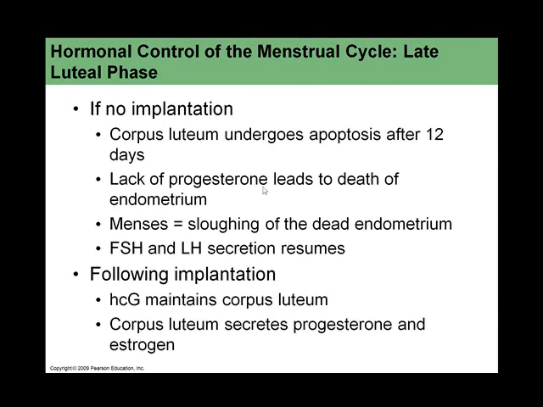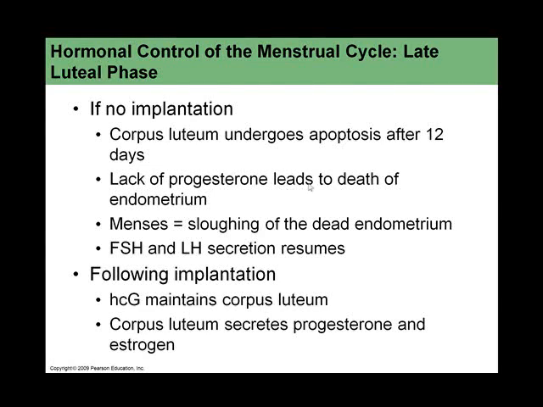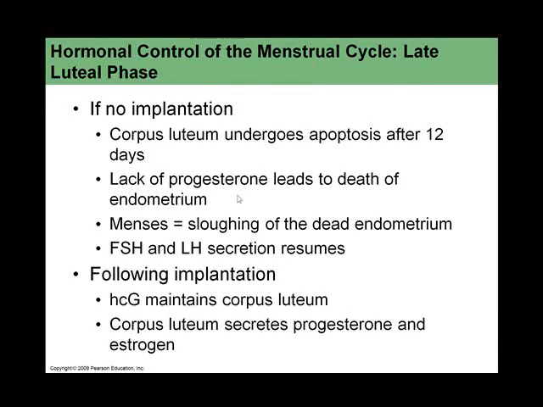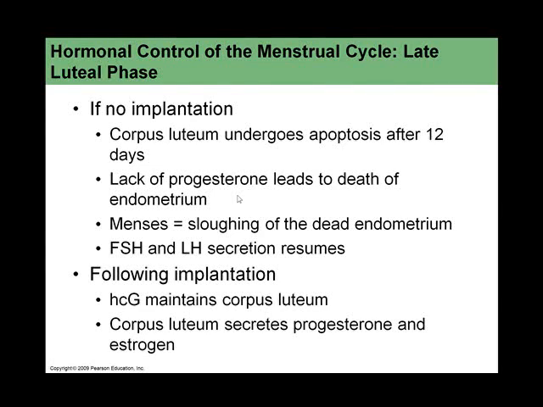So at all times through the menstrual cycle, progesterone receptor stimulation is essential for the maintenance of the functional endometrial layer. The basal layer always stays and is never sloughed. It's the functional layer that's generated with proliferation and becomes secretory that is lost.